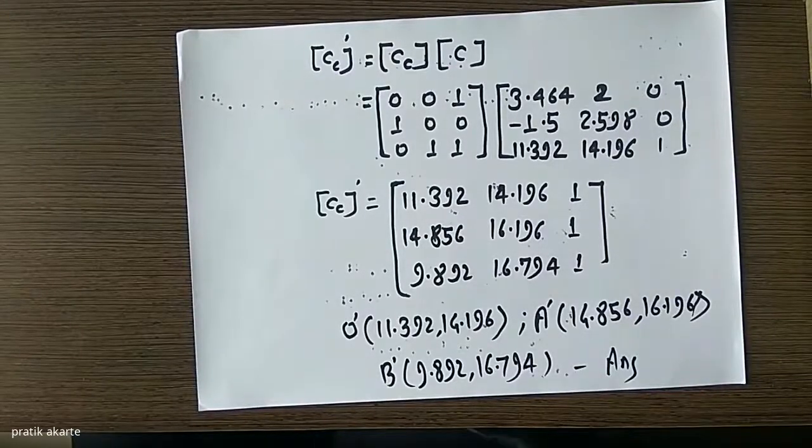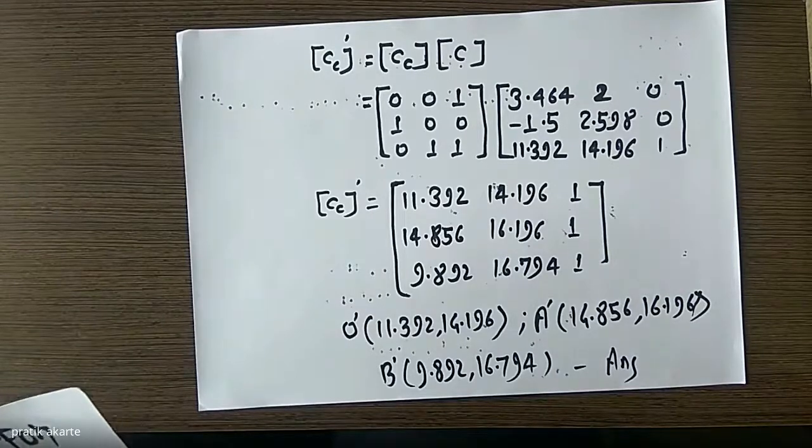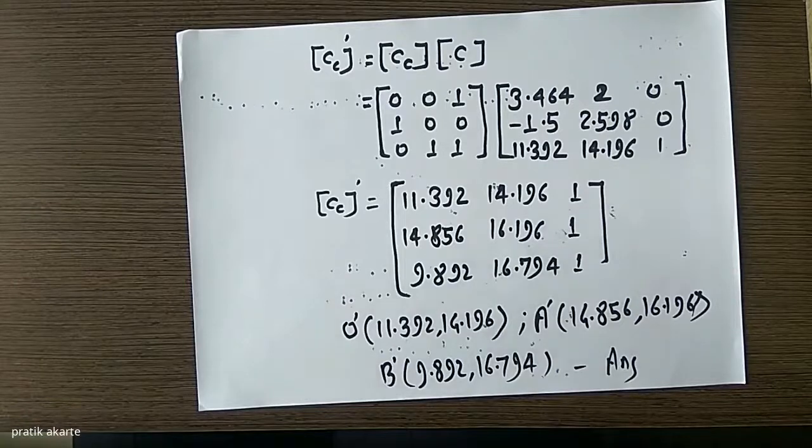So what we have done over here: first we have performed the transformation like translation by 4 and 3 units along the x and y axis. We have changed the scale by 4 times and 3 times along x and y from the original, and we have rotated about the z axis passing through point 4, 3 by 30 degrees in the anti-clockwise direction.